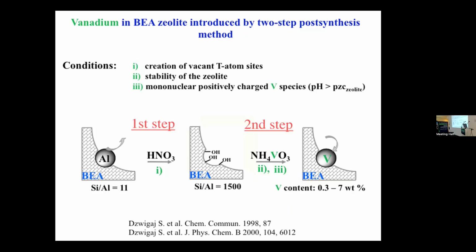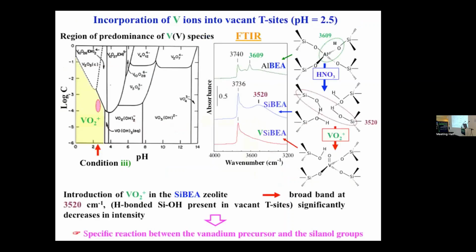In this case, we form vacancy sites and then we contact an ammonium metavanadate solution with the zeolite, and the vanadium precursor reacts with the OH groups, and vanadium can be incorporated in the zeolite framework. But it is easy to show, and it is important to confirm that this is the case.